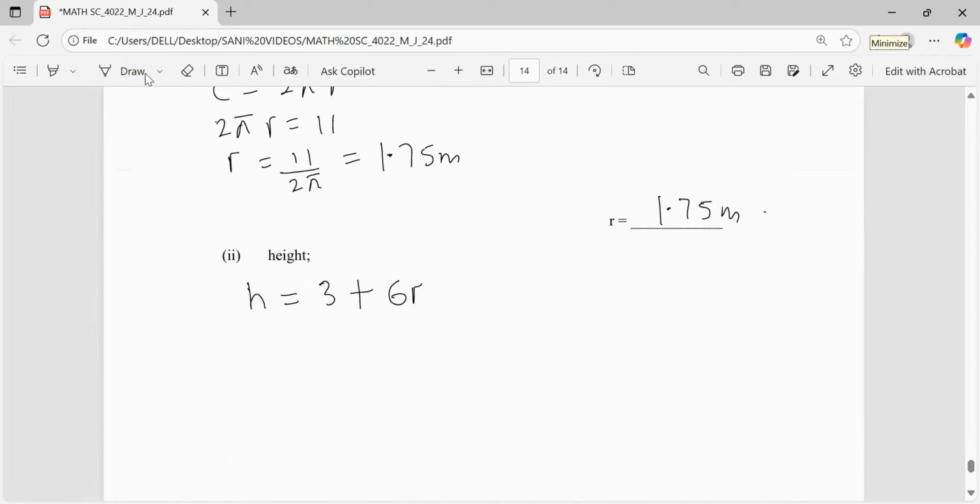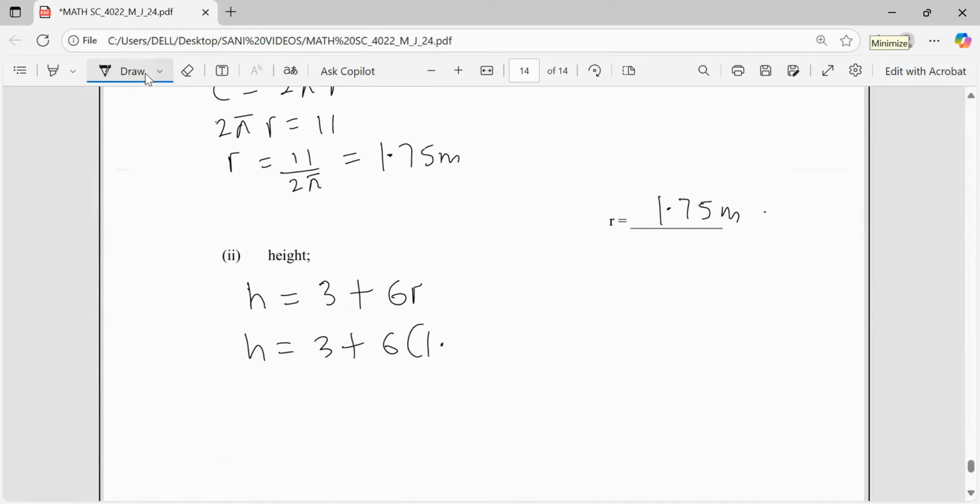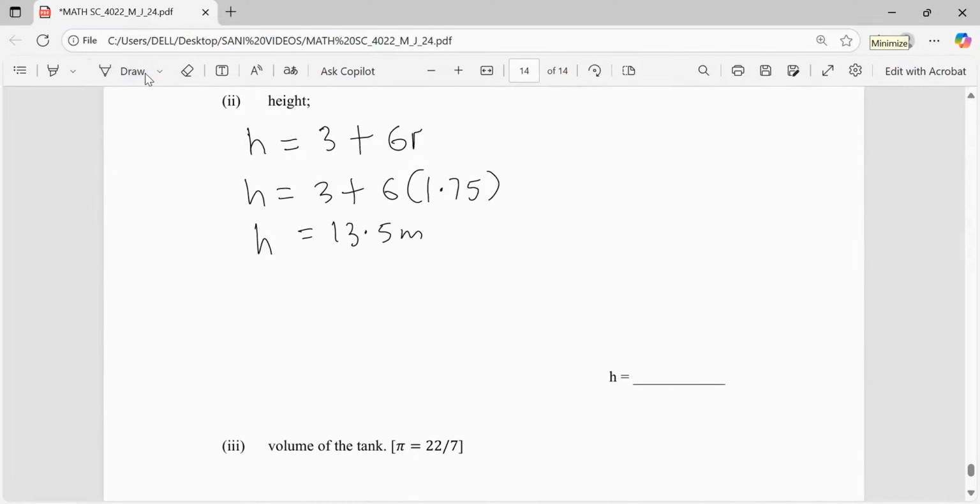And since our radius is 1.75, we have h equals 3 plus 6 times 1.75. So that will give us the height as 13.5 meters.